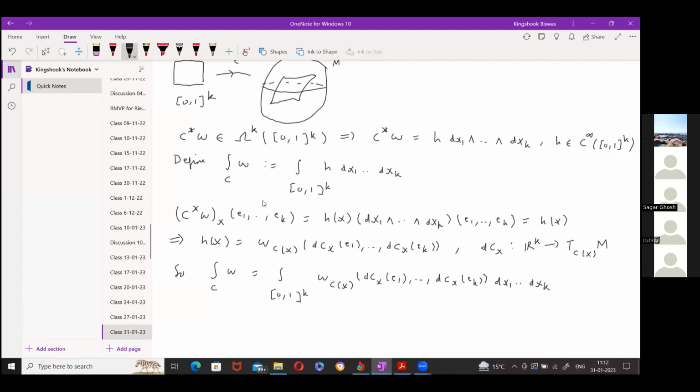All right. So here I should have said this c is a smooth map, so this is called a K cube in M. So is the definition clear?